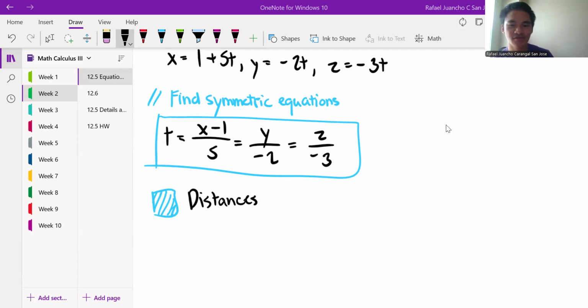Because now we've talked about equations of planes, what if we're given some point, what's the distance of that point to a plane? Previously we just did it with a bit of intuition, from a point to the XY plane, the XZ plane, the YZ plane. But now we're going to be a bit more flexible.